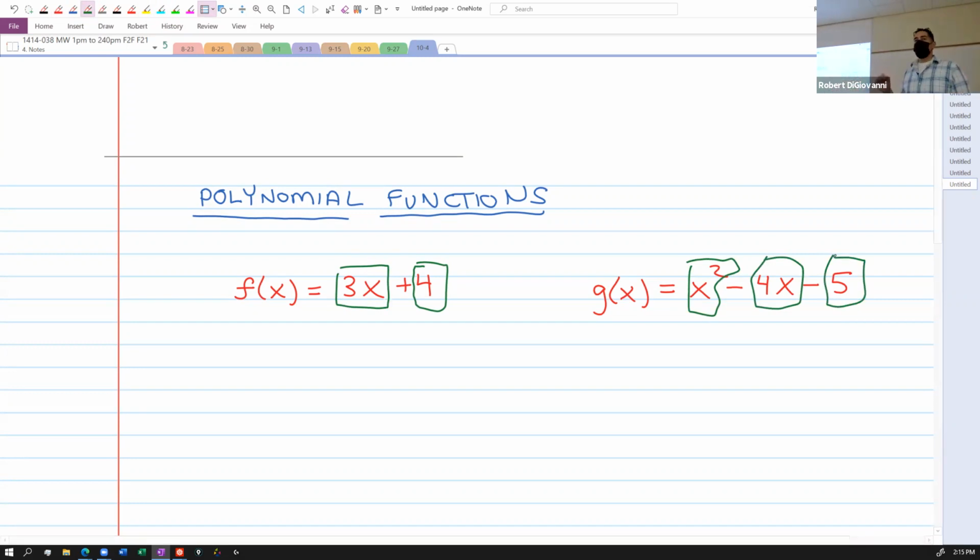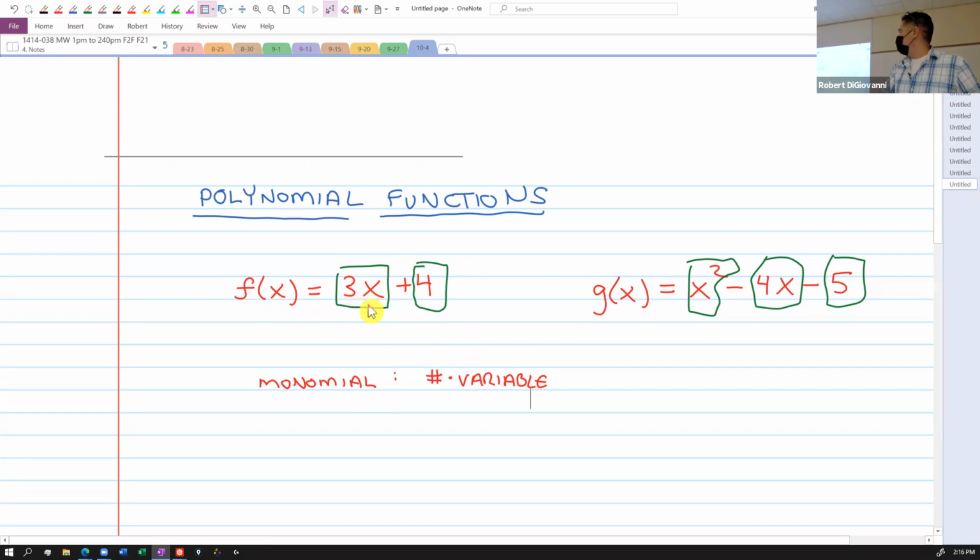So a monomial is basically a number times a variable. And that variable can be raised to different powers. Do you see that 3x is a monomial?